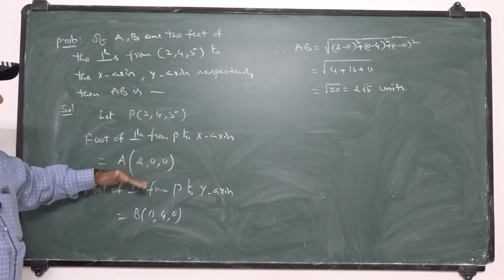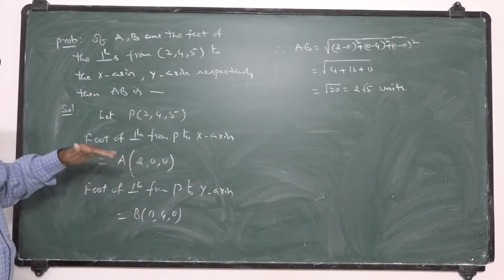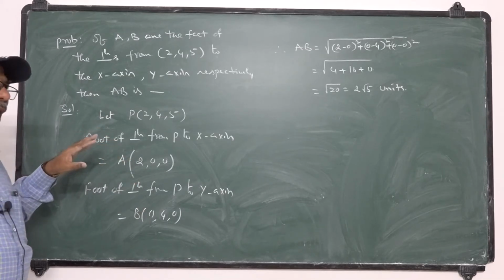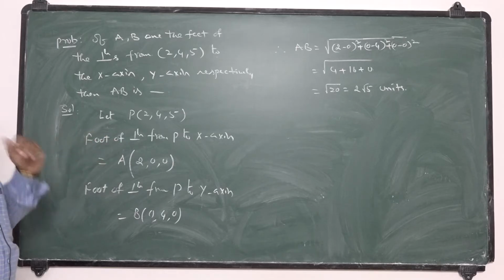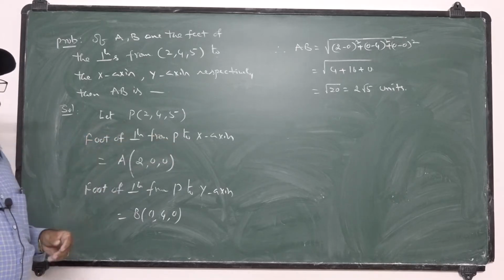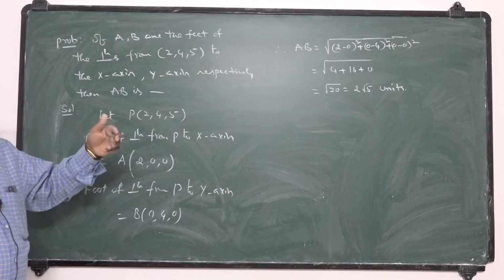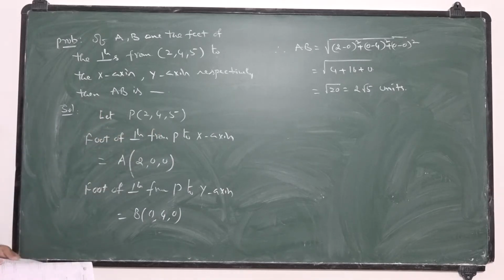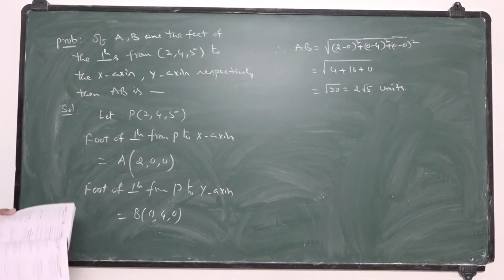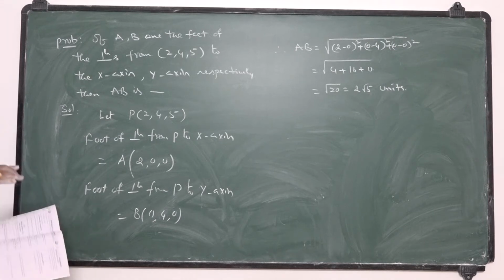Here I am taking the feet of the perpendiculars from the point P to the coordinate axes, x-axis and y-axis. Similarly, you can find the foot of the perpendicular from the point to the z-axis also. That is 0, 0, 5. You can find that point also here.